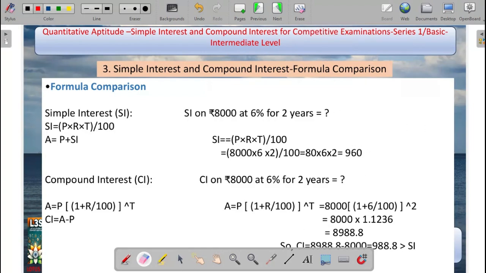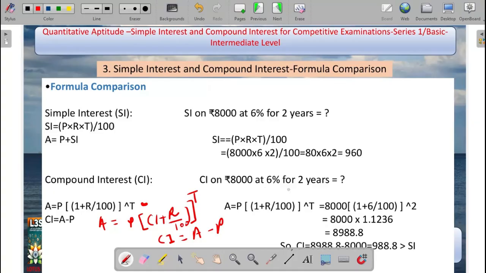This is for the amount directly, and this is the formula: A is equal to P into 1 plus R by 100 to the power T. That is, A, the amount after T years, is equal to principal amount into 1 plus rate of interest by 100 to the power T. So we have to calculate by this formula, then we'll find the amount after period T. And from that we can find out compound interest, A minus P. Whatever this difference, it is the compound interest.